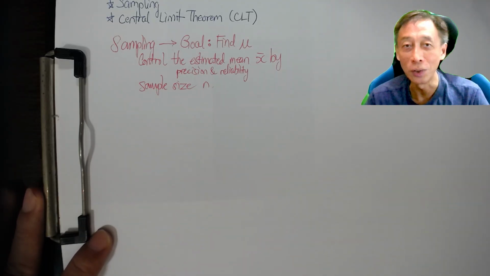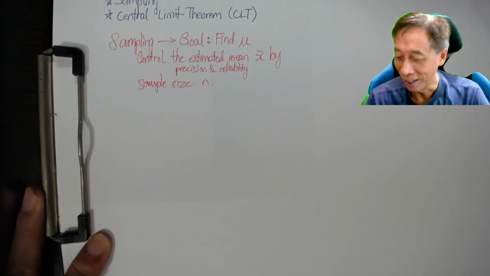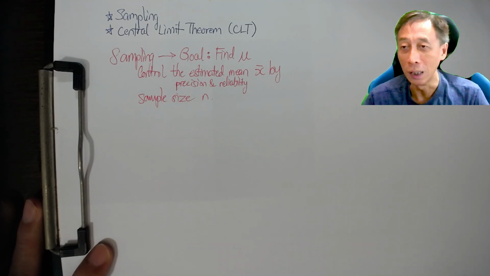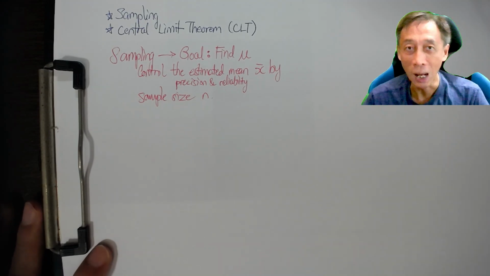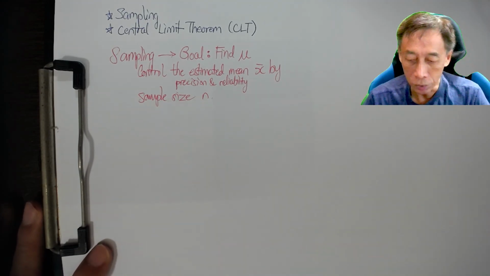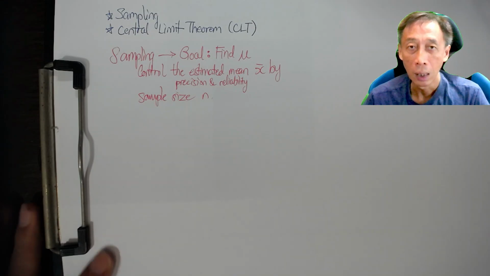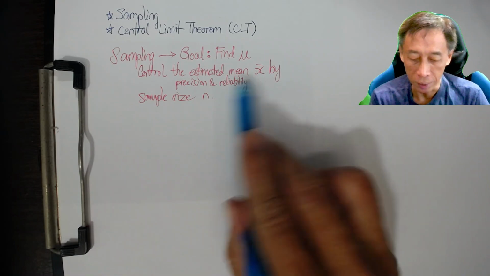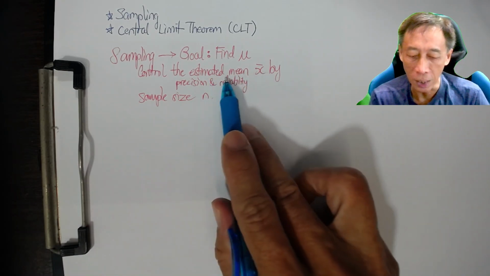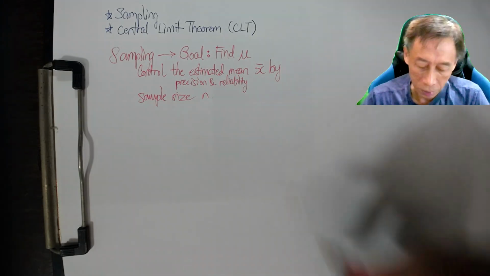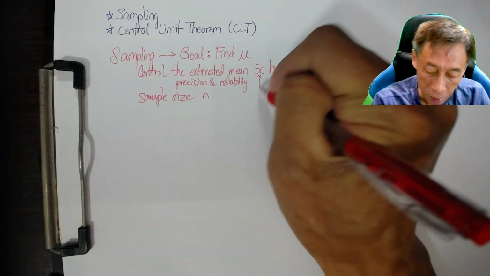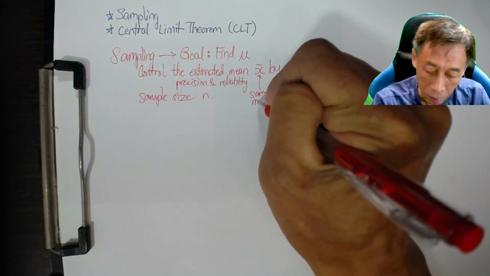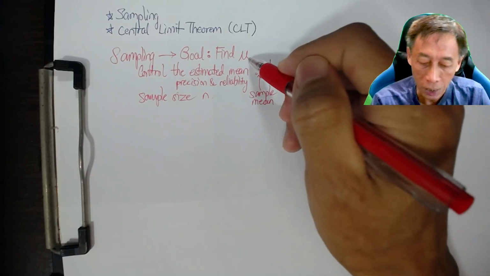So one has to take a sort of trade-off between the two. That's the situation we have. Now, just to give a feel of how we interpret this sample mean, we use it as a point estimate. This x bar is called the sample mean, as opposed to the actual population mean.